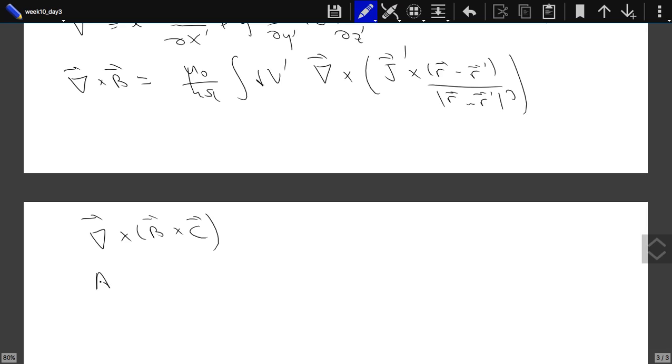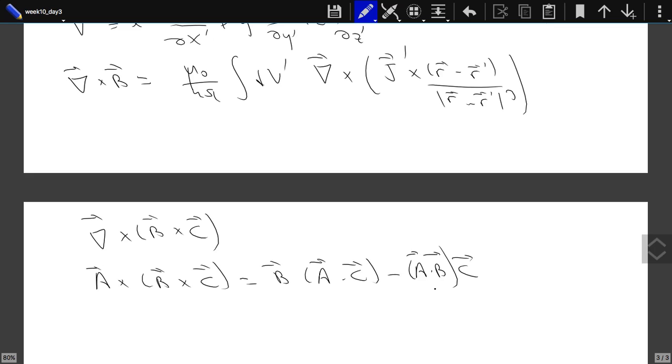If it was just A cross B cross C, this would have been B times A dot C minus C times A dot B. Well, A is now the del operator.